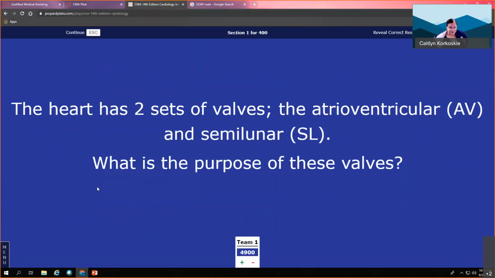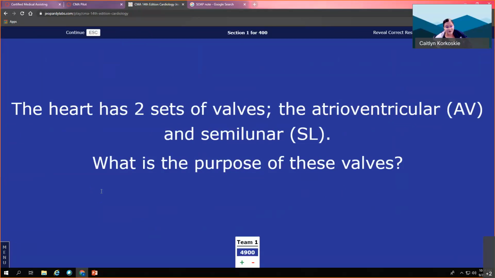All right. This is another hard one. So the valves separate the atrium from the ventricles, so that the blood doesn't go into the wrong part.